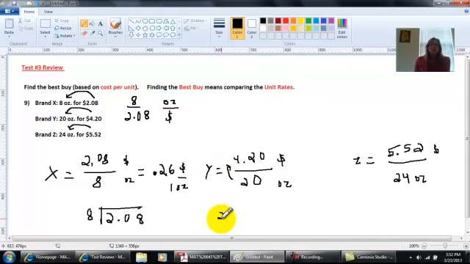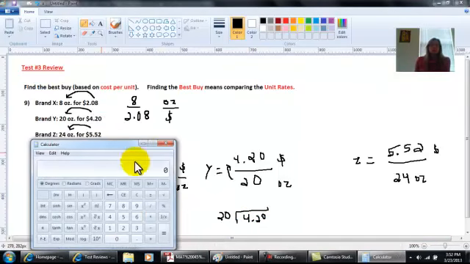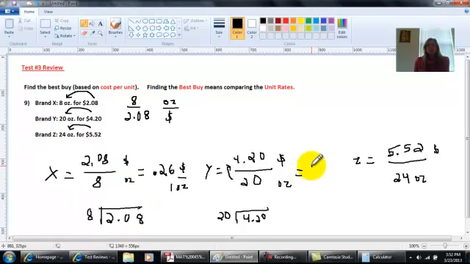So the division sets up like this, but remember, on a calculator, you're going to enter this one and then divide by that one. It's just the way you enter it in the calculator. So let's do that. I closed my calculator. So 4.2 divided by 20 is 21 cents. So that one is $0.21 per ounce.